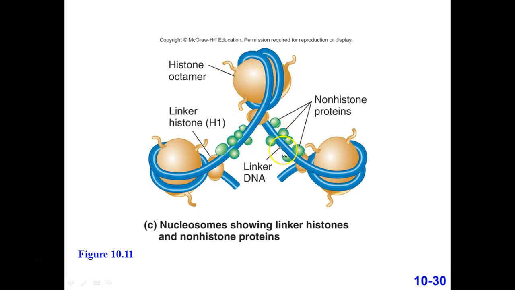Here are non-histone proteins. You see these green ones? Right here, you see the strand coming in and then the strand coming out? That's where the histone 1 proteins bind, right at the nucleosome, but not within it. And it's binding to what we call linker DNA.